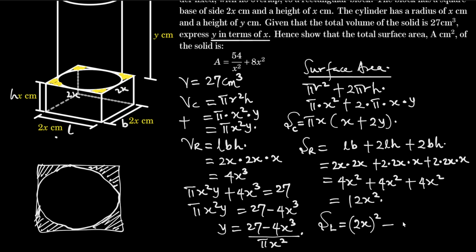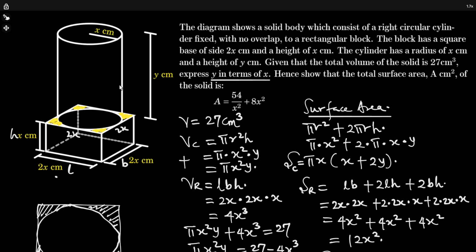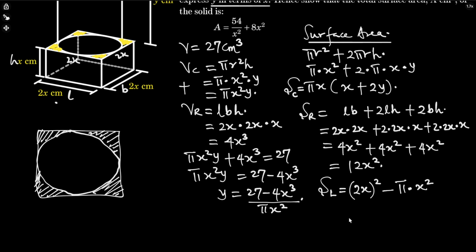Okay, minus the area of the circle, pi r squared. Don't forget that the radius that is right here at the top is also the radius you're going to be having at the bottom. Now this equals 4x squared minus pi x squared.